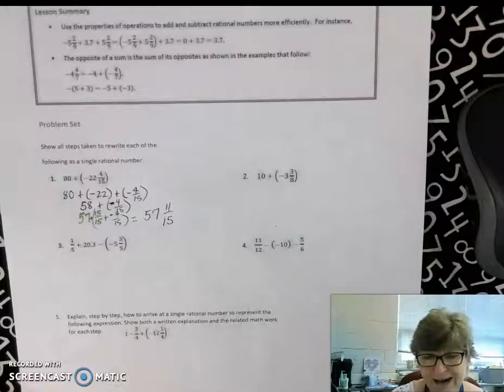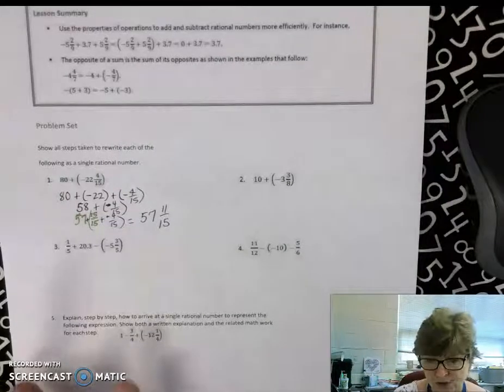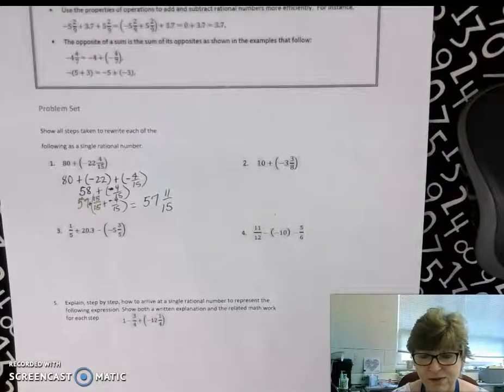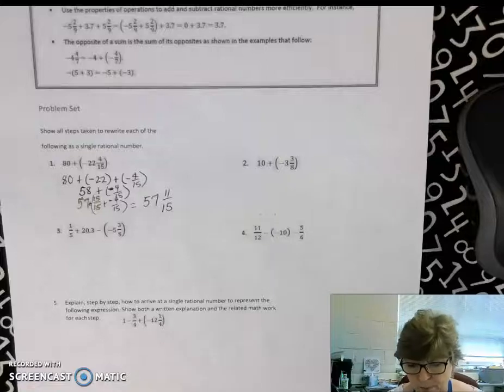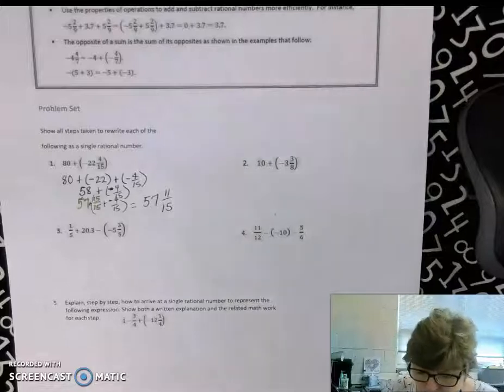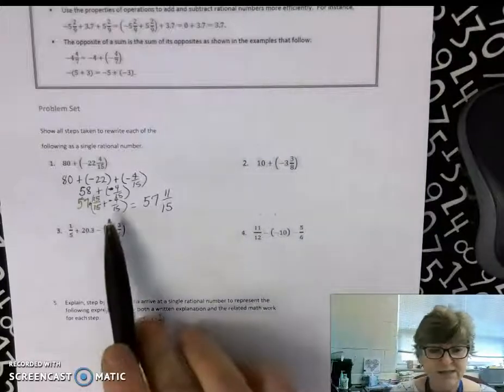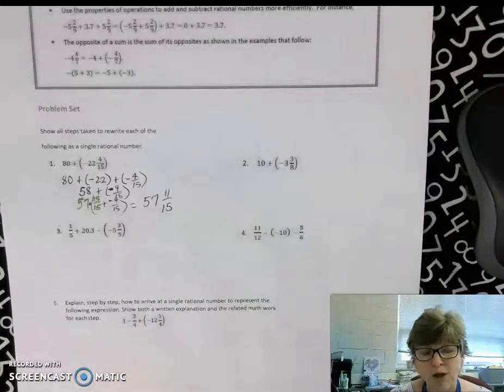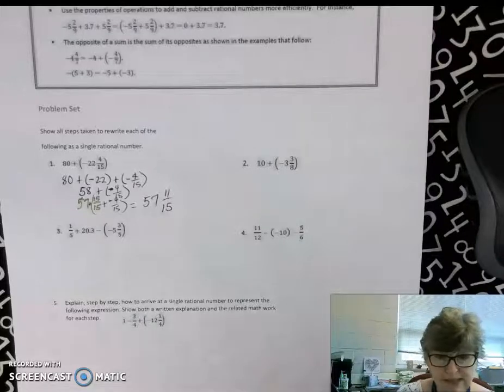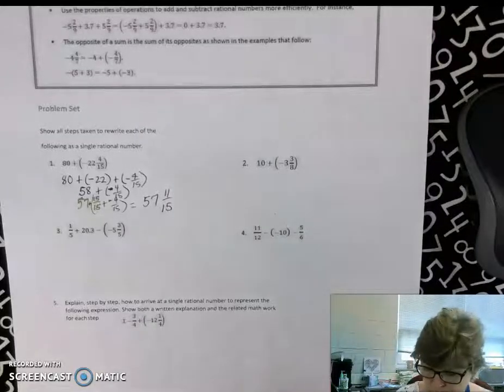We know that a calculator can give you an answer, but this is about, do you know how to get to the answer without a calculator using those properties and the rules for adding and subtracting rational numbers. So if you do not have these steps down, I recommend that you pause before this moves on, that you complete these showing all of your work so that we can see that work when you return to school.